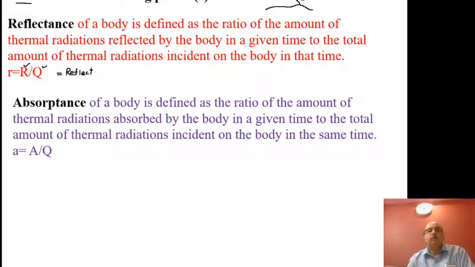At the same time, some of the radiation Q is absorbed by the body, and we represent it by capital A. The absorptance of the body is defined as the amount of thermal radiation absorbed by the body in a given time to the total amount of thermal radiation incident on the body in the same time.